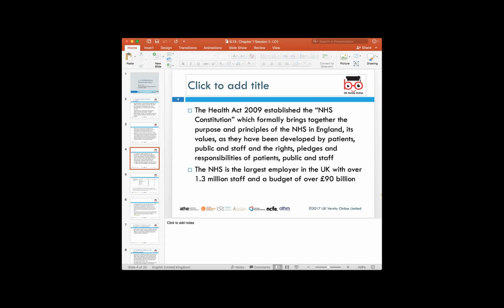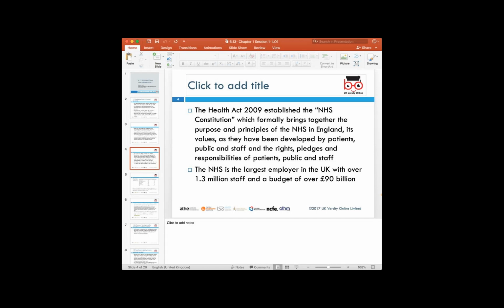This constitution brings together the basic principles of why the NHS was formed, what services it needs to provide, how it provides them, and what its values, mission, and vision are, all incorporated into a centralized document, the NHS Constitution.